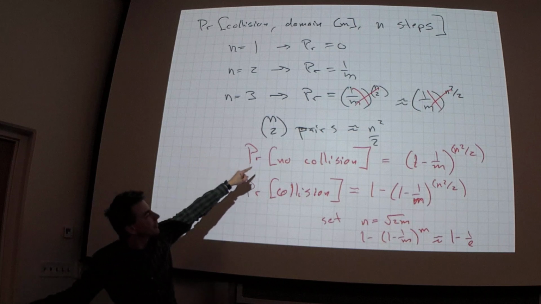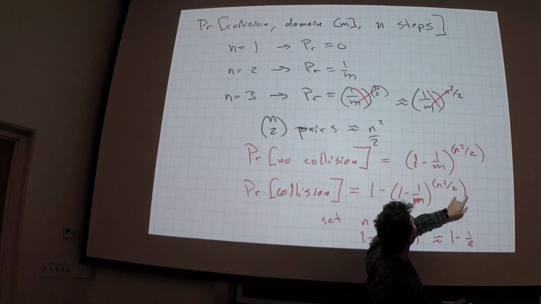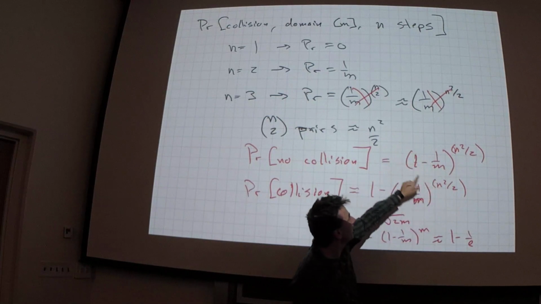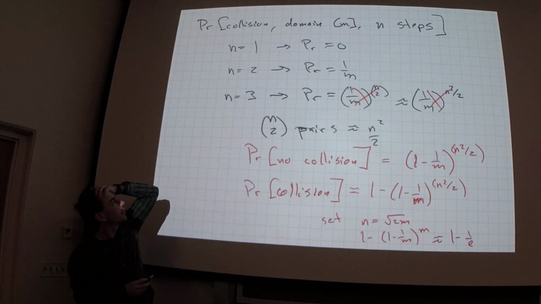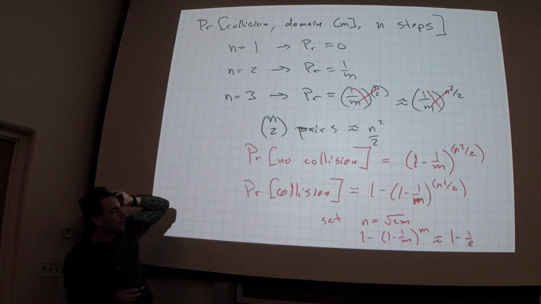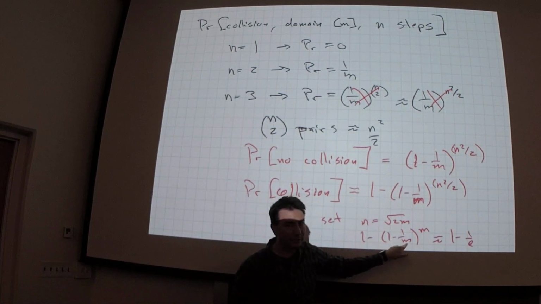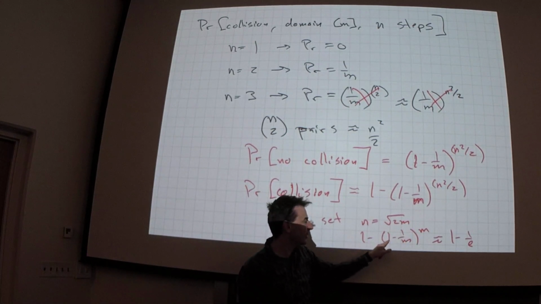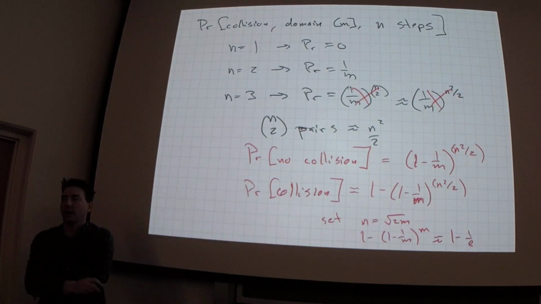So what's going on there is 2 choose 2 is 1, so the probability of a collision is 1 over m. So I'm doing 1 minus (1 minus 1 over m), and the 1 minus and the 1 minus cancel, and I get 1 over m. Right? It's still okay.